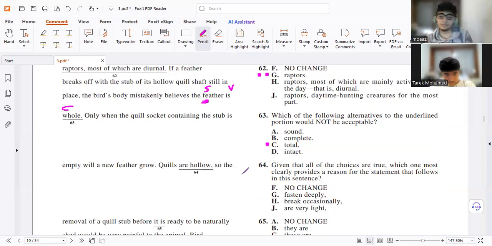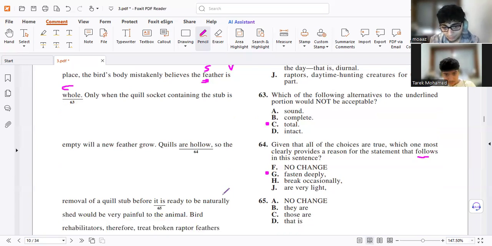Next, 64. For 64, I put F. Why not G? That follows in the sentence. Quills are what?